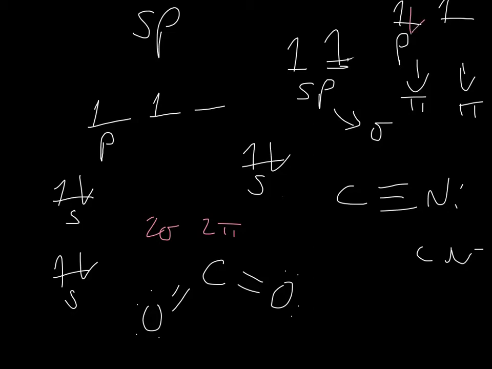This one will make a pi bond, that one will make a pi bond, that one will make a sigma, and that one will make a sigma. So sp orbital is used for a triple bond or two double bonds. So yeah, it's not too difficult. You just have to be able to visualize the sp orbital and see how many bonds it can make.